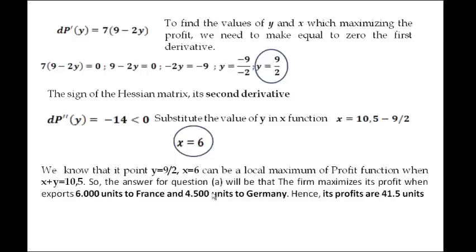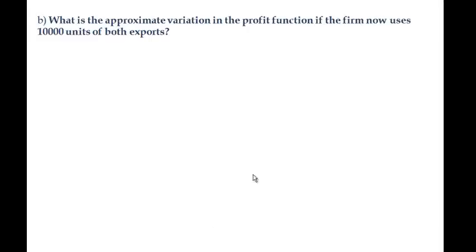So the answer for question A is that the firm maximizes its profits when it exports 6,000 units to France and 4,500 units to Germany. Hence, its profits are equal to 41.5 units.